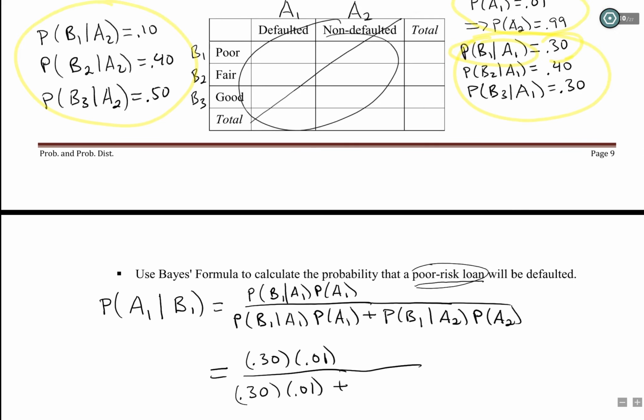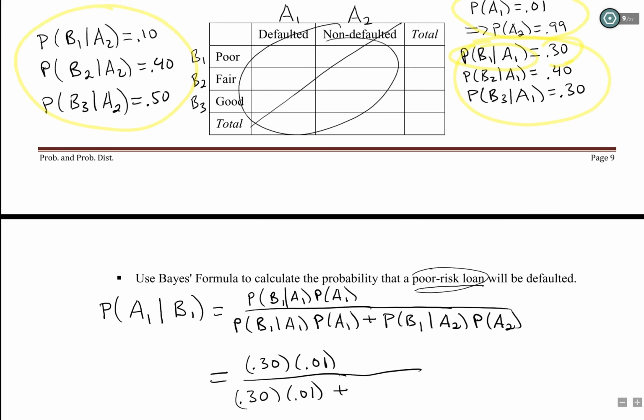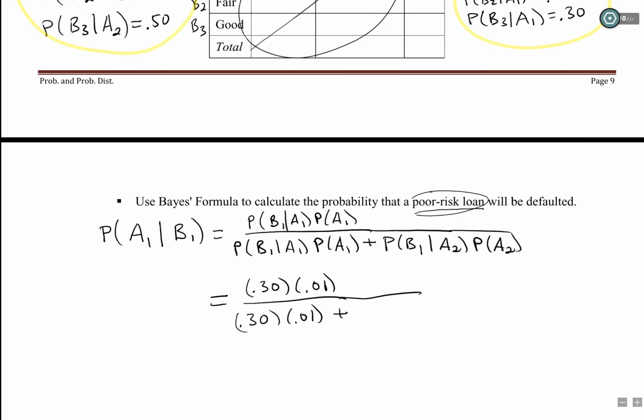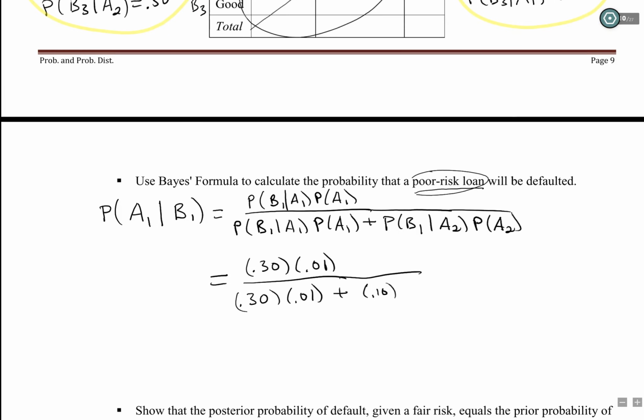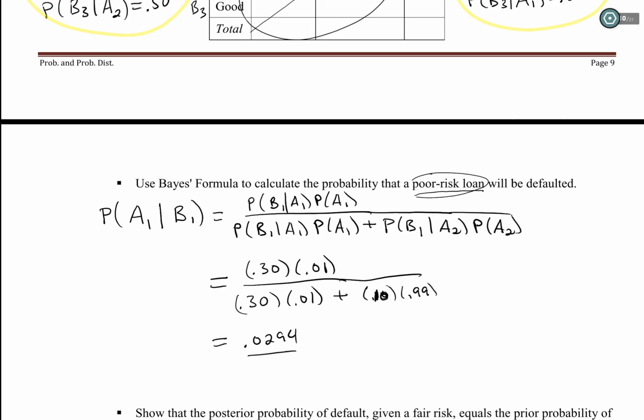P of B1 given A2 is 10%, times P of A2, that prior probability, which was 0.99. If you work through the computation, you'll get 0.0294. So there's almost a 3% chance that a poor risk loan will be defaulted. That's based on this kind of data.